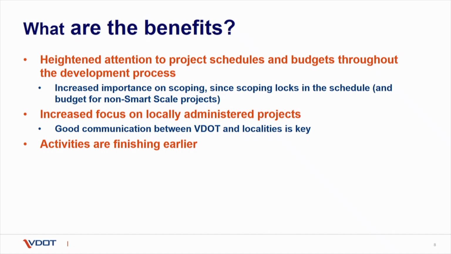So we're locking in on the schedules there to try to hold people to that. Locally administered projects, we definitely have to communicate with our localities. By and large, they don't do this as much as we do. They're not familiar with the processes, so they've got to keep up with it.